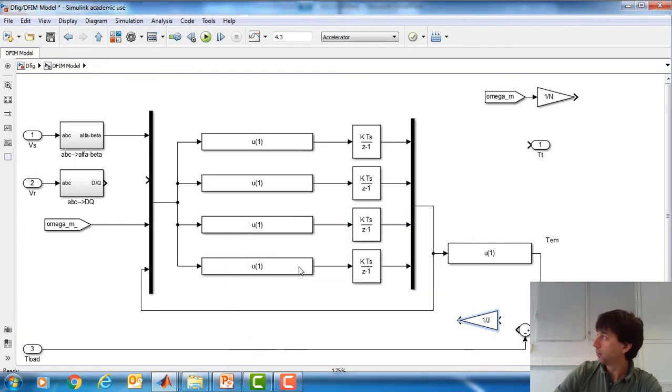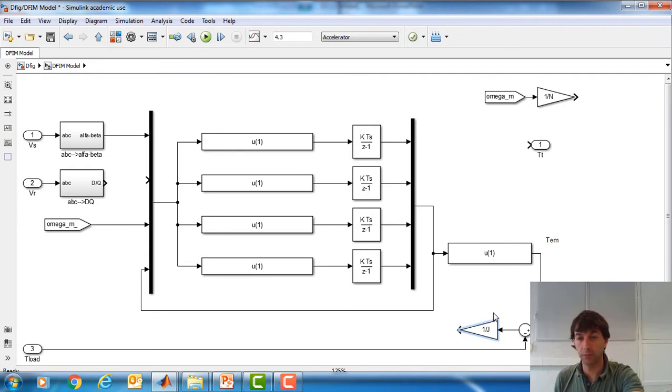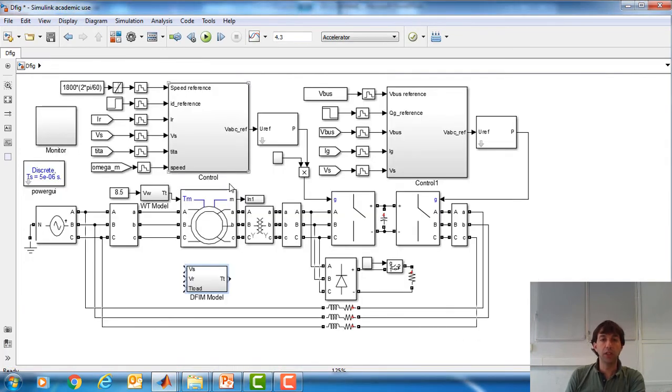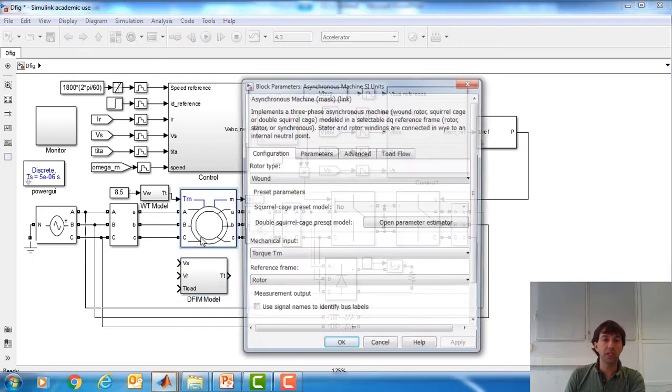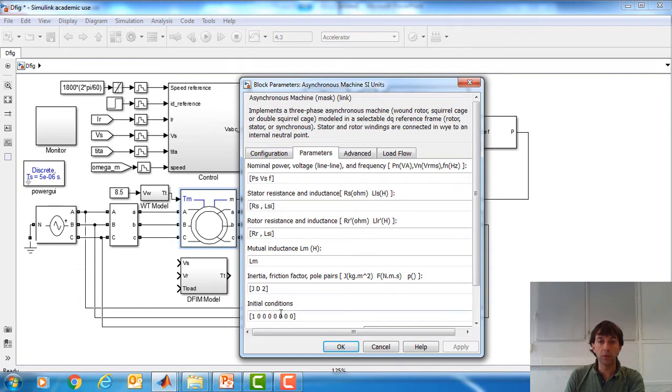Then we will need to divide by the inertia. We won't use damping in the mechanical system of this equivalent analytical model. We will use only inertia.